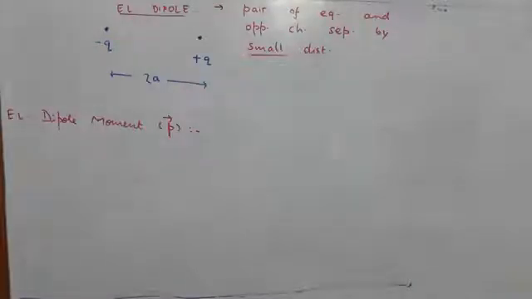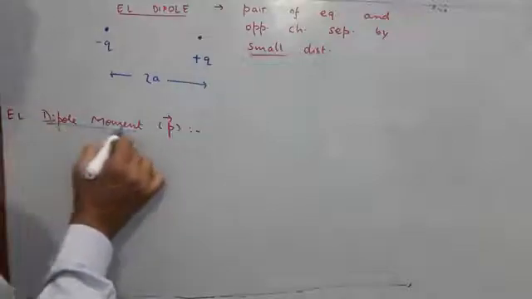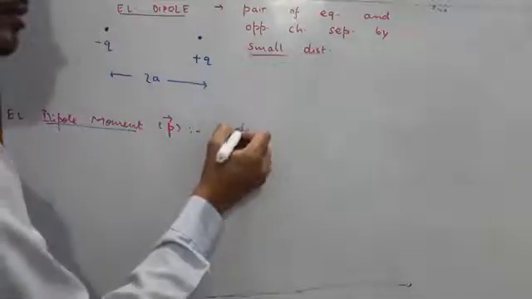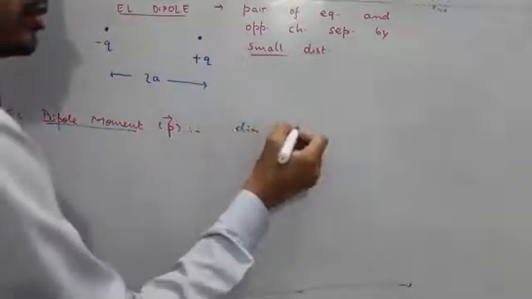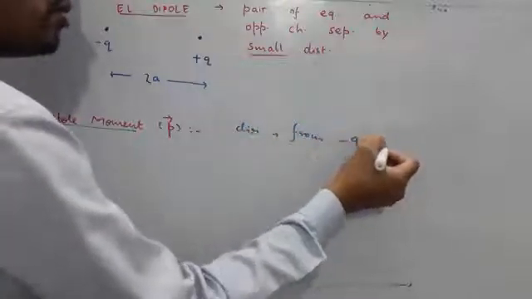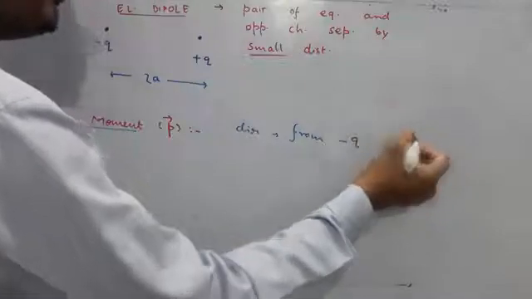There is a term called electric dipole moment, which we denote as P vector. It is a vector quantity. Its direction is from negative charge of the dipole, minus q, to plus q.